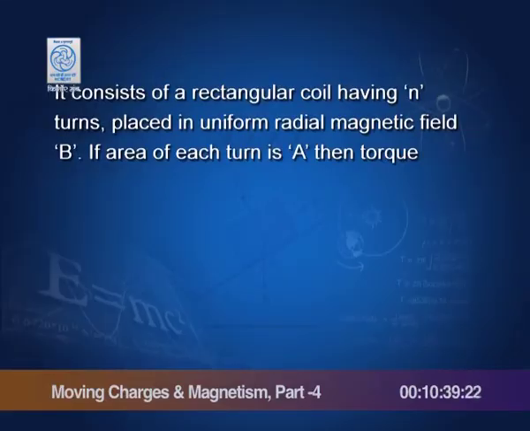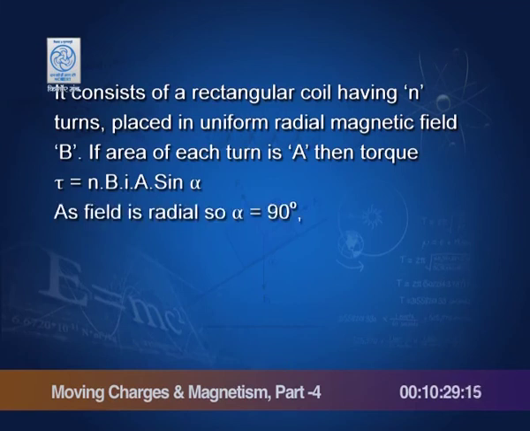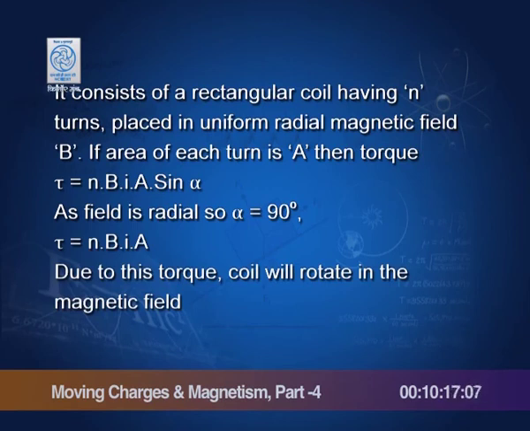If area of each turn in the coil is A, then torque tau will be equal to nBIA sin alpha. As the field is taken to be radial, so alpha equals 90 degree. So, the maximum torque tau will be equal to nBIA. Due to this torque, coil will rotate in the magnetic field.